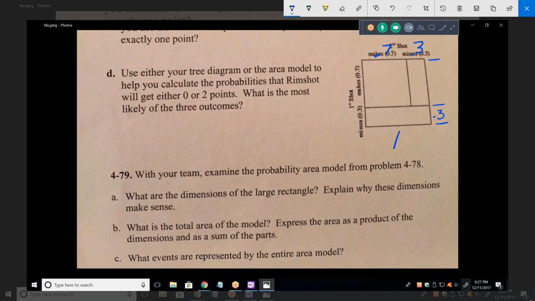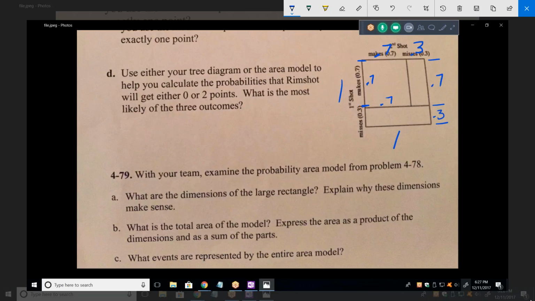So if I can dimension everything, this side is 1 also, it's a square, because all probabilities have to add to 1. So that's why I dimension that square as 1 by 1. Well, if I do that, then this ends up being 0.7, and this ends up being 0.7, and this ends up being 0.7.